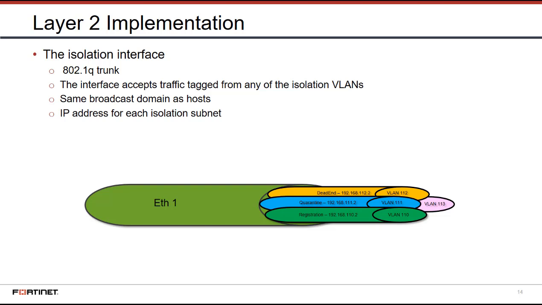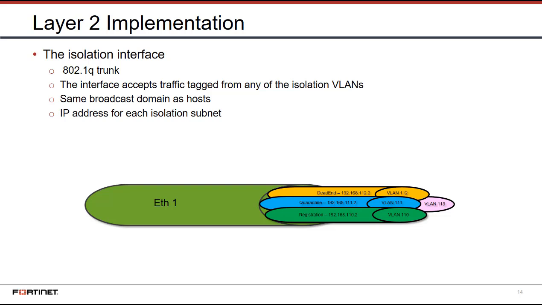So if we had a registration VLAN out there, for example, that was VLAN 110, we would have an interface on ETH1, a sub-interface or a VLAN interface, registration. In this example, 192.168.110.2 is the IP on that interface, and that interface would be on that VLAN, and we would have the same for any of the other isolation VLANs we would configure.